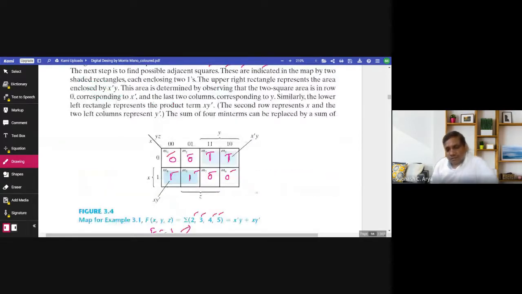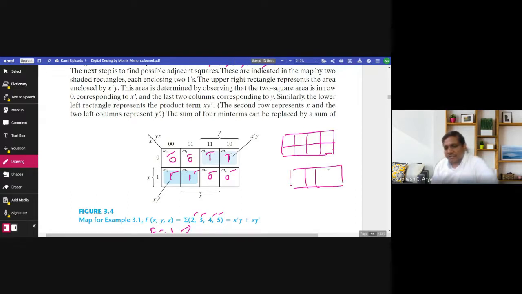As far as the solution is concerned, it says that let us make groups of ones, and these groups of ones may be formed based on the maximum number of adjacent ones. Since this is a total of 8 cells, what is the maximum possible number of ones in these 8 cells?